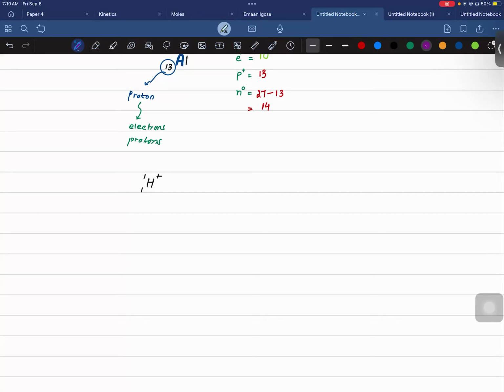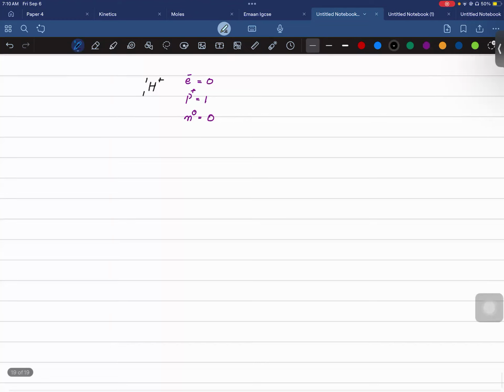Protons will be equal to 1, and neutrons will be equal to 0. So we did this in the last class.